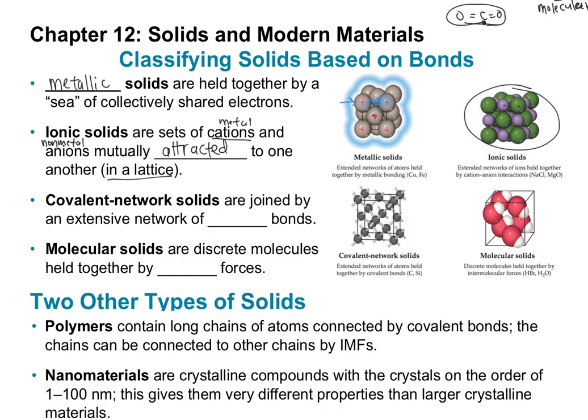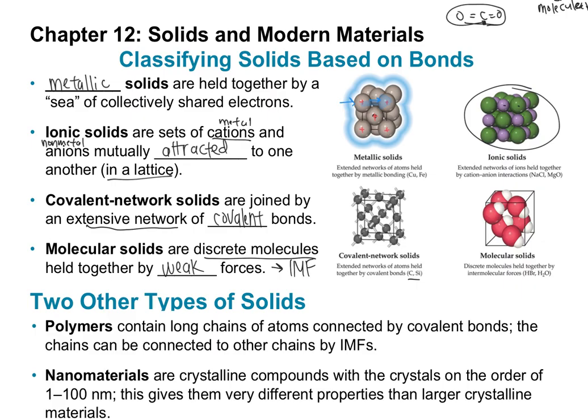We also have covalent network solids, held together by a network similar to a lattice of covalent bonds. They tend to be very strong, very hard materials like diamond, silicon, and silicon dioxide like glass or quartz. They are really hard compared to molecular solids, which are discrete molecules held together by weaker forces, the IMFs.